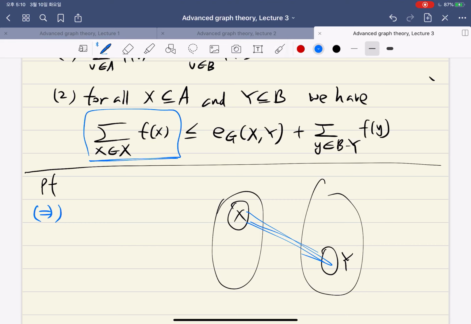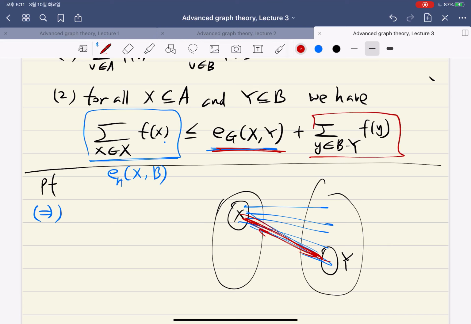This term counts the number of edges from X to everything, so the number of edges from X to B, because this f is the degree in H. And this term counts all the edges between these two sets, X and Y. And then this sum counts all the edges from B minus Y to everything.